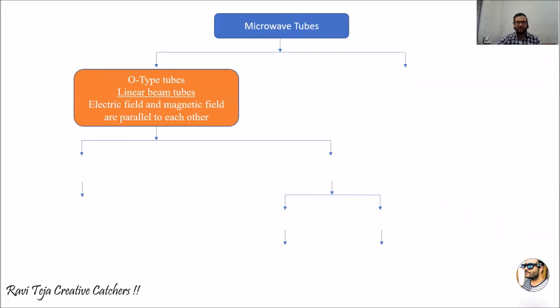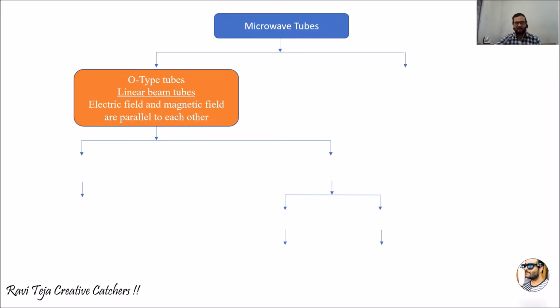Whenever we provide a microwave signal, there exist two kinds of fields, which are the electric field and the magnetic field. In O-type tubes, electric field and magnetic field are parallel to each other.